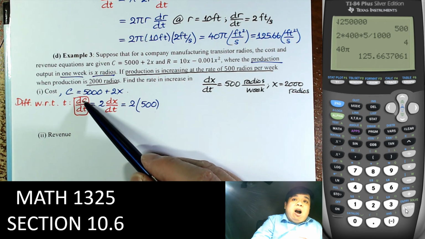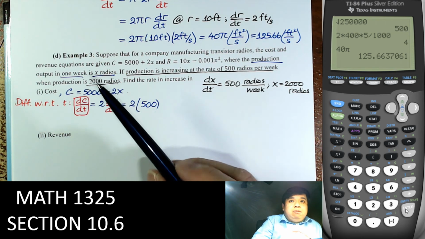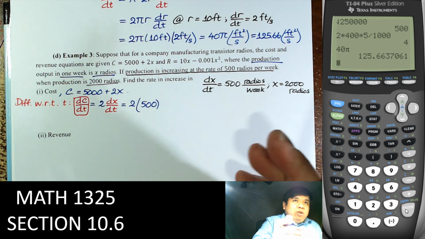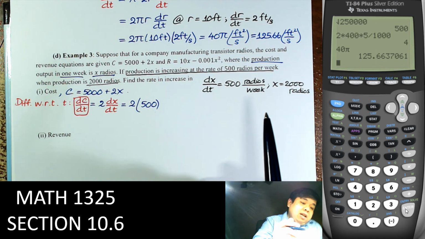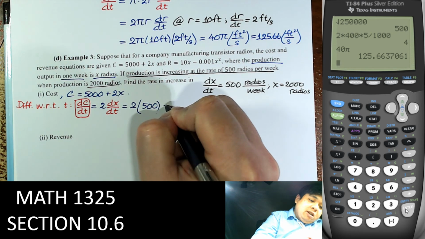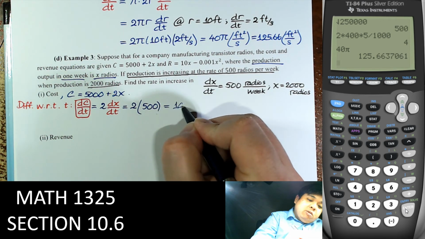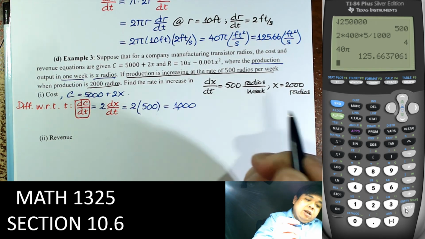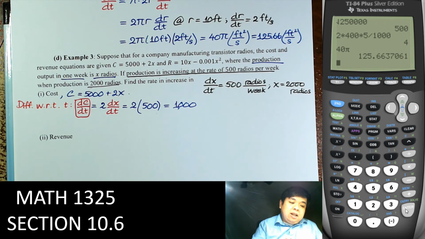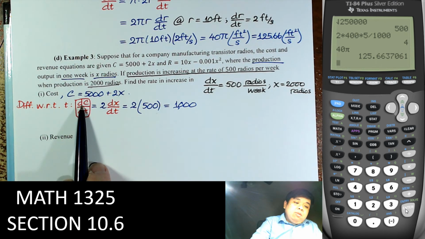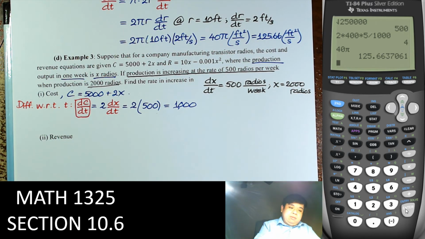The C is cost, should be in terms of money, maybe dollars, hundreds of dollars, something like that. So we just have 2 times 500, so that's 1000. That's simple, right? So the rate of increase in cost is given by that.